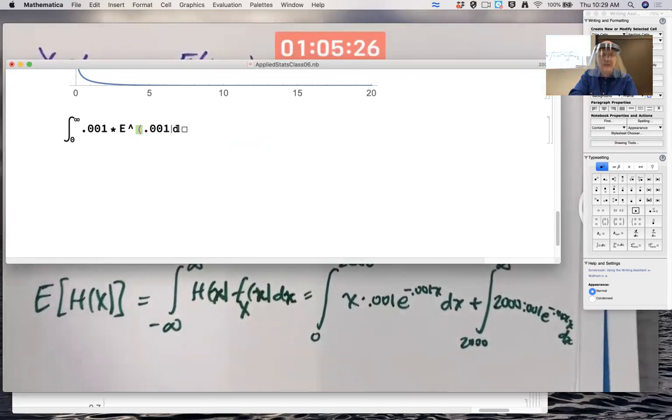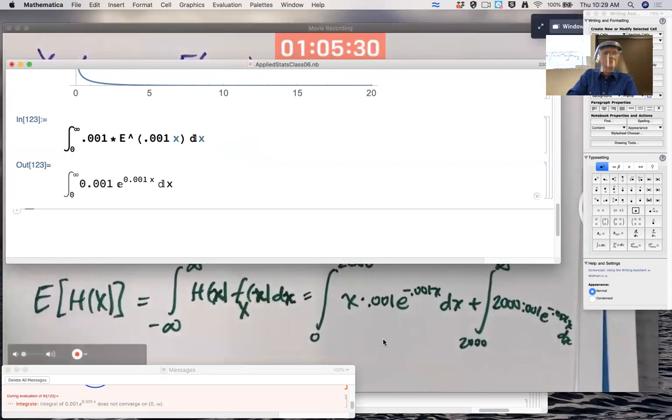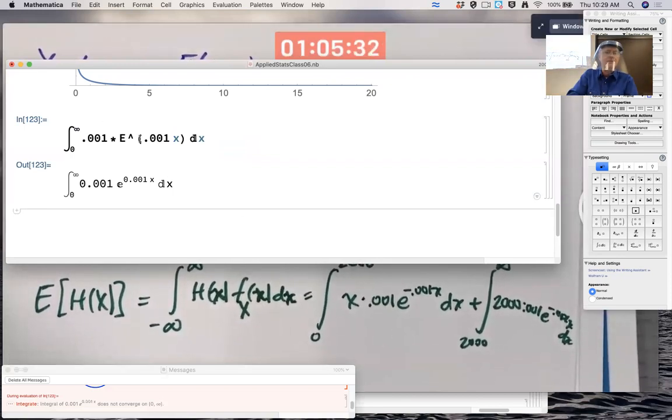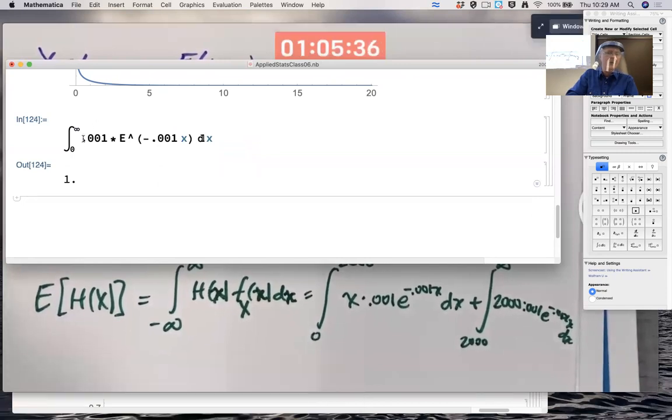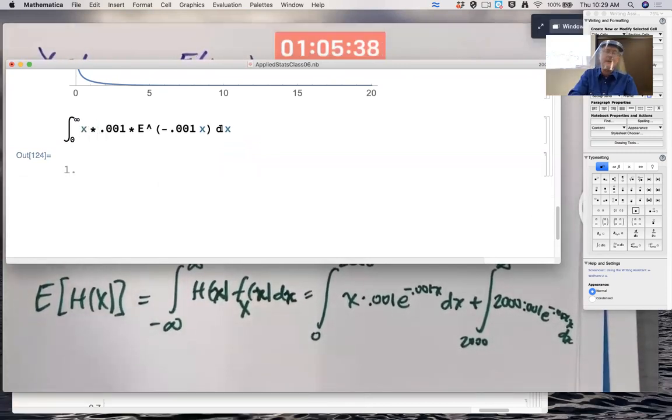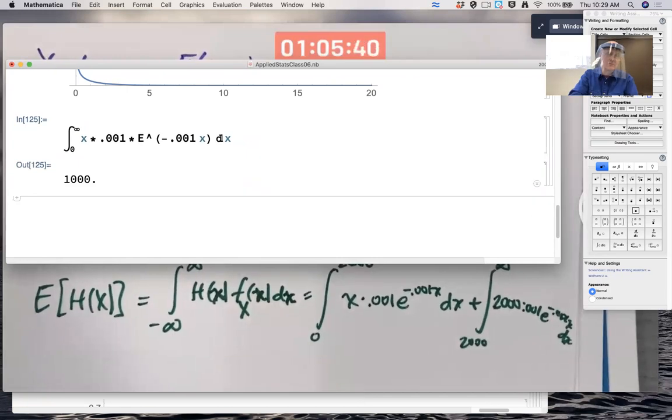Okay, this is just the PDF, so this integral is going to be 1. Oops, forgot my negative sign. Integral of x times that is going to be the mean, 1,000.